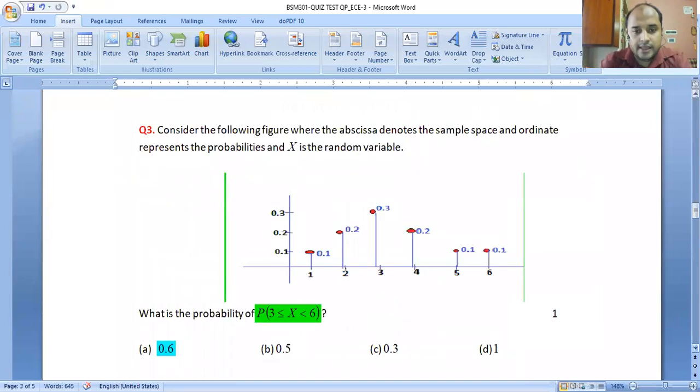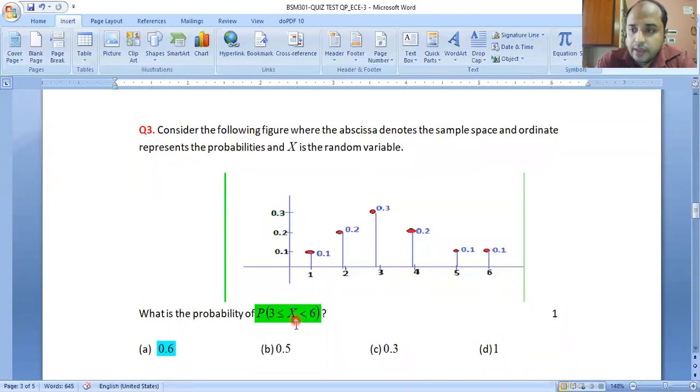Third problem was this. A diagram was shown. This diagram represents the probability mass function values for 6 discrete values of the random variable capital X: 1, 2, 3, 4, 5, and 6. And you are supposed to find the probability that this discrete random variable lies between 3 and 6. Here the value 3 is included and 6 is excluded.